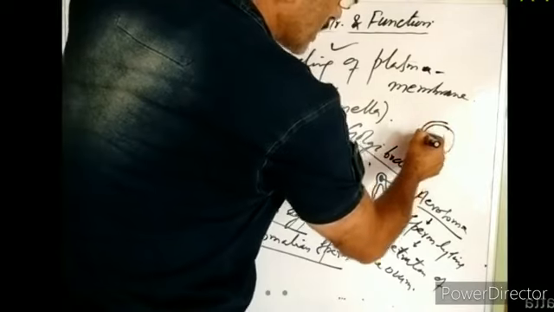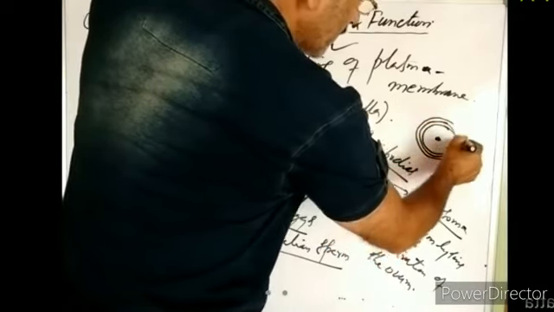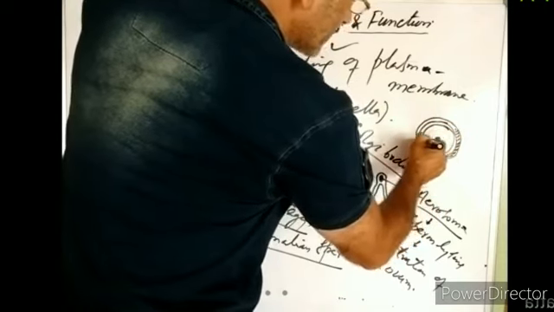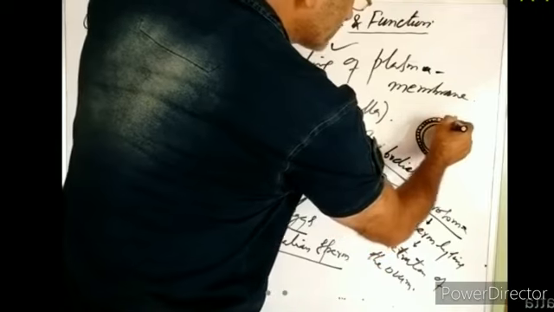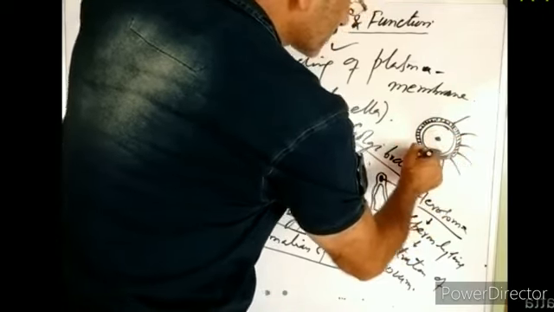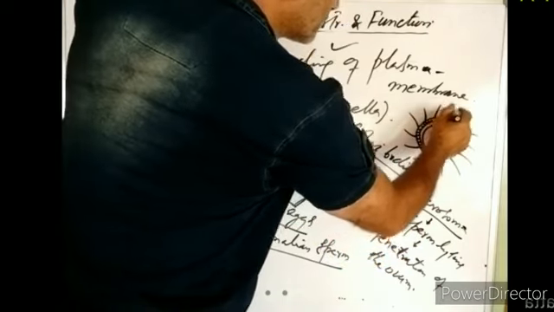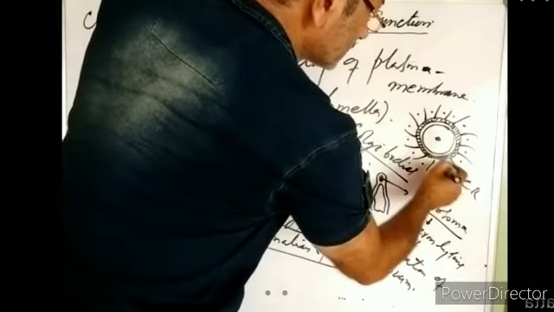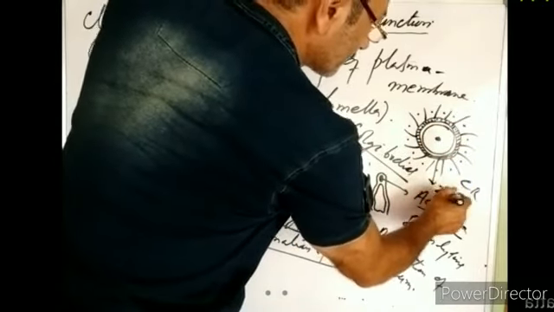The human ovum is covered externally by some protective coverings. There is a zona pellucida, a glycoprotein covering. Outside the zona pellucida, there are corona radiata cells. There are cell layers. So a sperm has to cross these cell layers and this glycoprotein layer. This is corona radiata, right? This is zona pellucida.